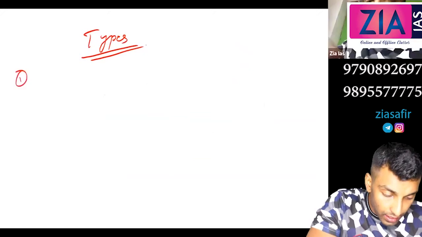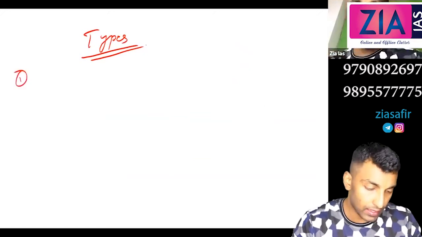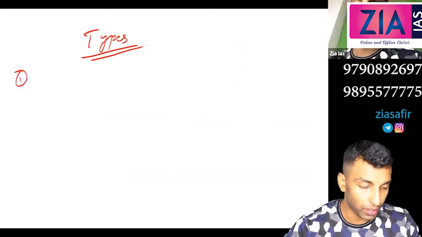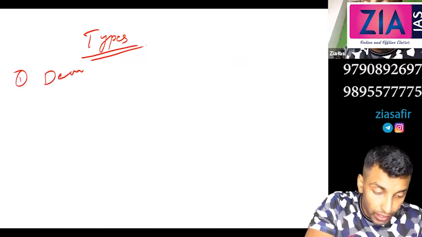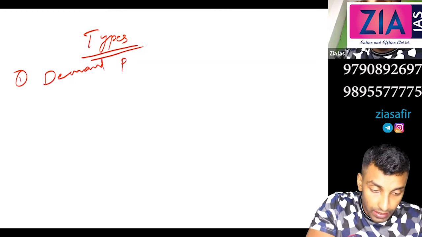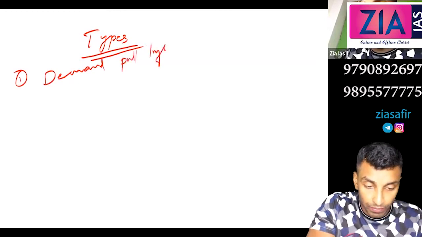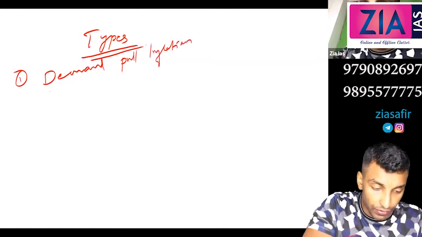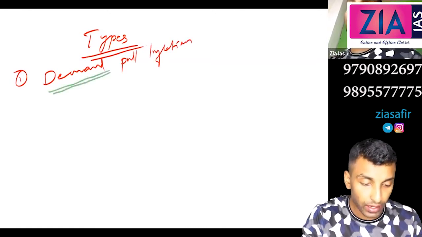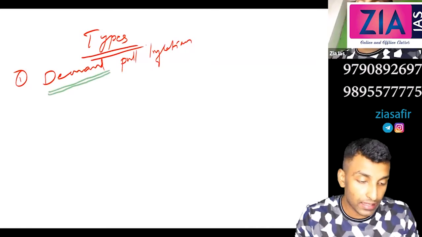First, two types are there. First we'll discuss demand pull inflation, and then we talk about cost push inflation. So first you give a heading, demand pull inflation. This name itself will tell you what this inflation is, right? It is created because of excess demand.